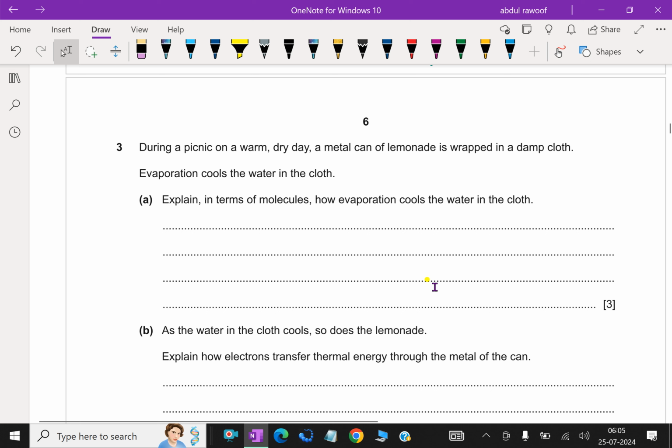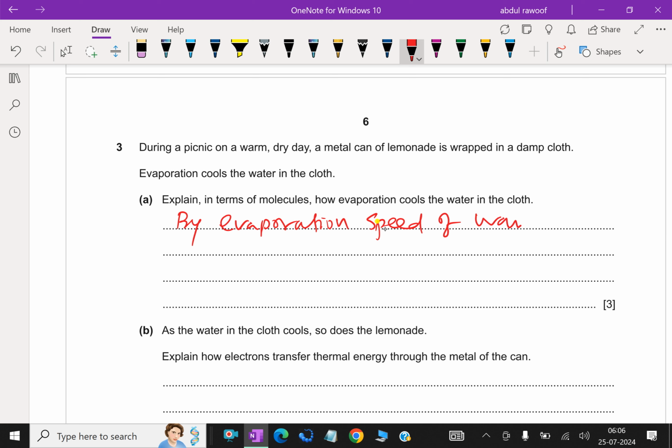If anything is hot, we understand its molecules are moving fast, wandering here and there. Due to evaporation, the speed of the wandering molecules is reduced.